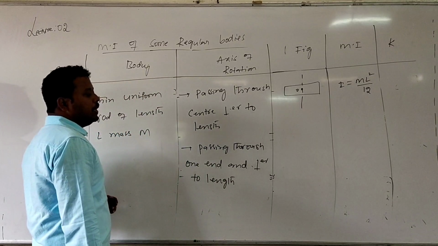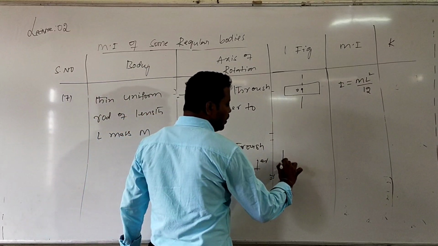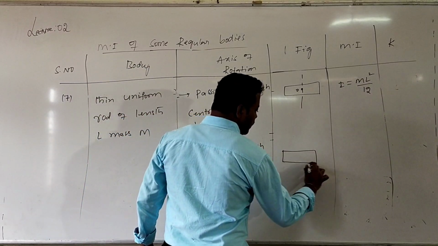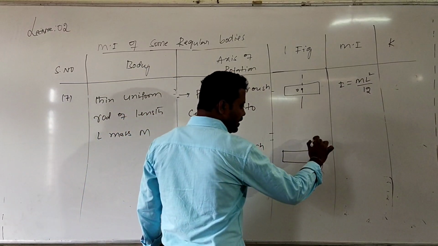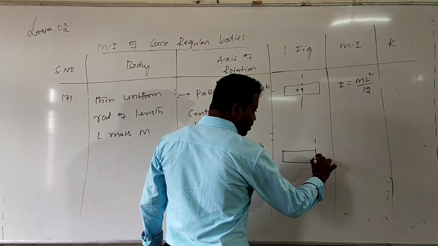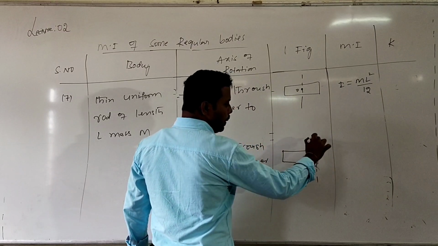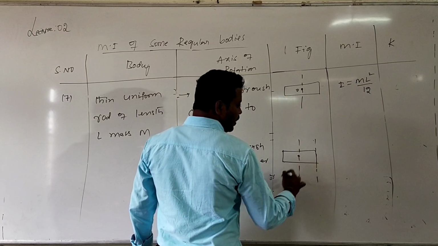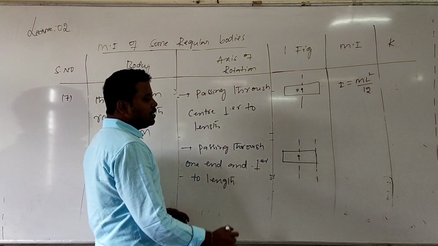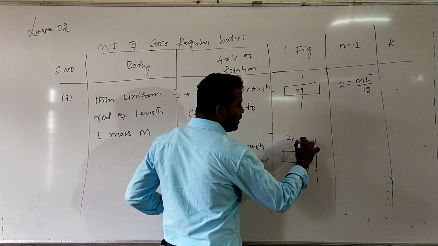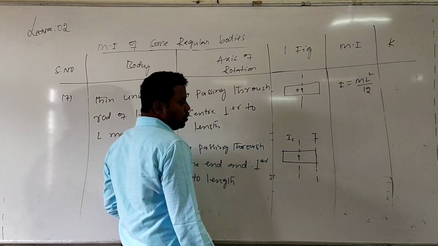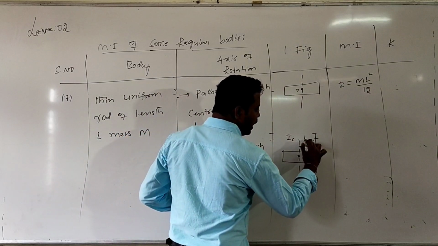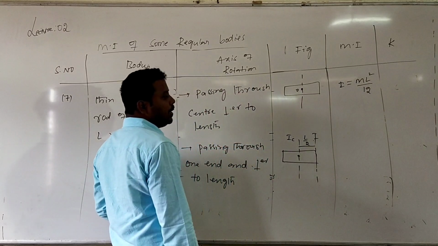So what is the moment of inertia? Diagram: this is the rod, and this axis is passing through one end and perpendicular to length. Already we know about the axis passing through the center. What is the distance between the two axes? L by 2. Which theorem can I apply?